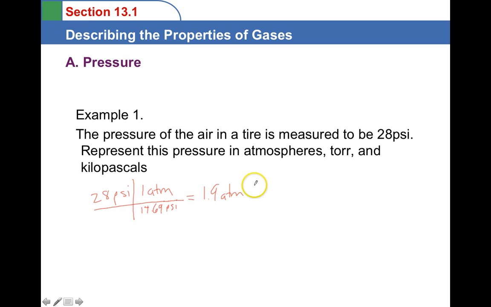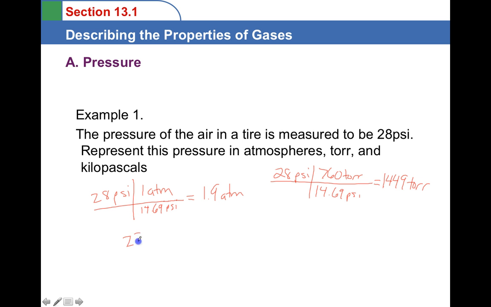Next, if we do torr, again 28 psi. Again, the 14.69 psi is going to be at the bottom, and we'll have 760 torr on top. You're going to multiply 760 by 28 and divide by 14.69, and you're going to end up with 1,449 torr. And then our last one is the kPa.